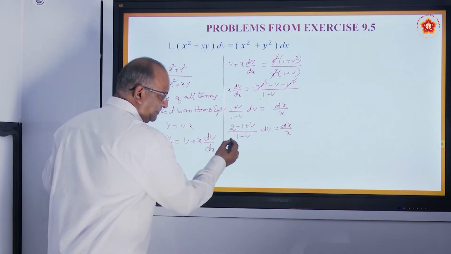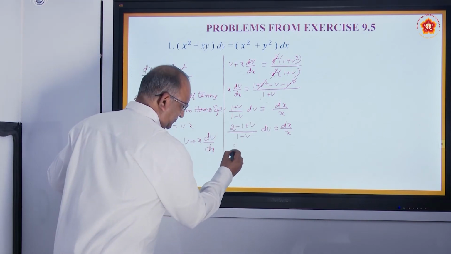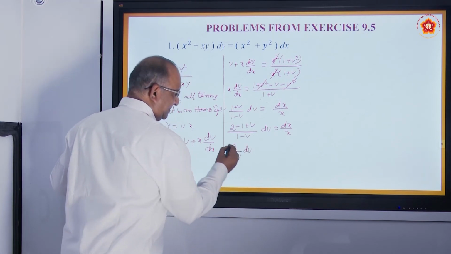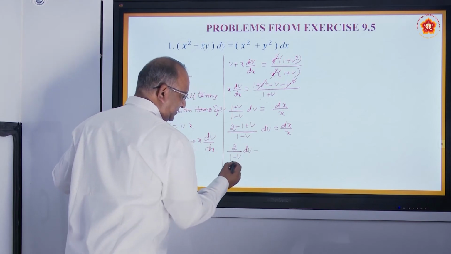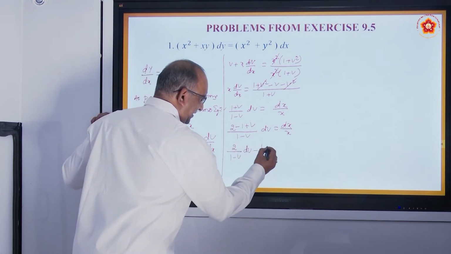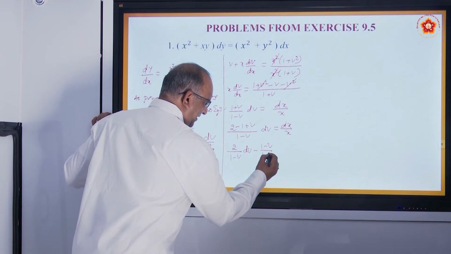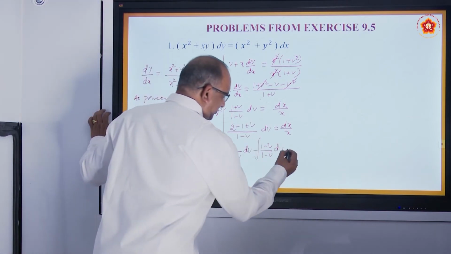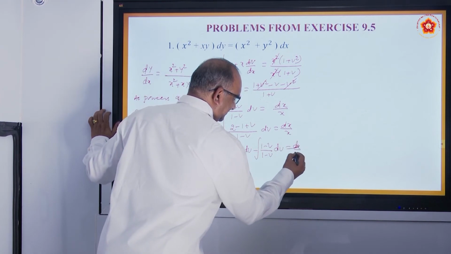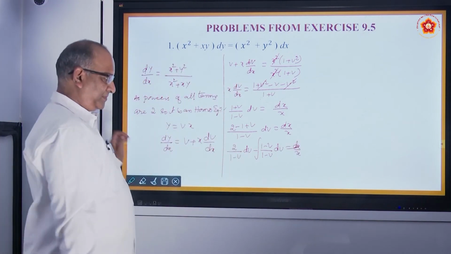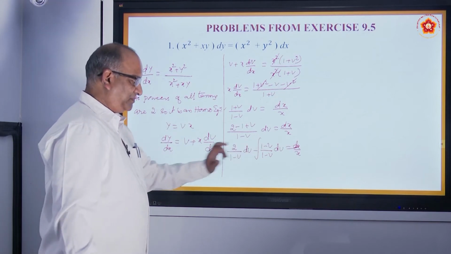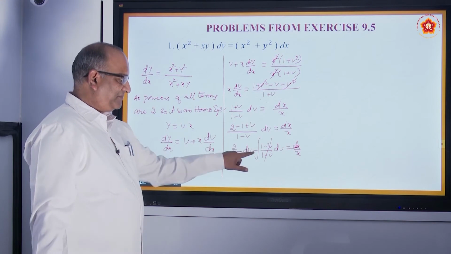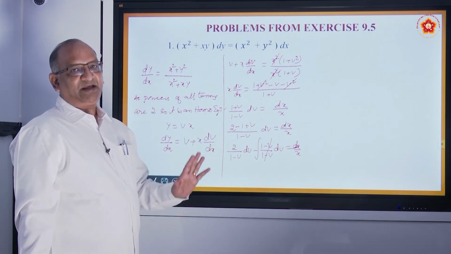So that it can be separated into two fractions, 2 upon 1 minus v dv, and if you take the negative sign common, it will become 1 minus v by 1 minus v dv equal to dx by x. Both the terms are the same, so both will get cancelled. So the integral of the second one is nothing but the integral of dv, which is v.